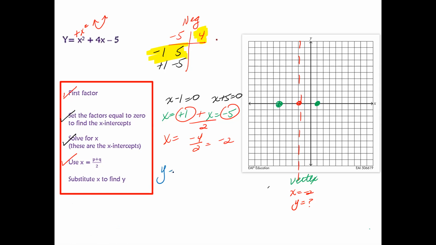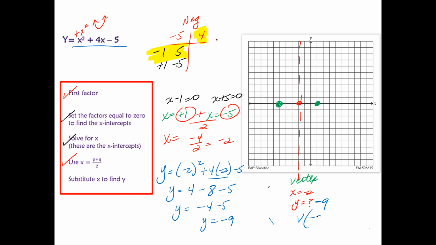So I have y equals x squared, that's a negative 2 squared, plus 4 times negative 2 minus 5. Negative 2 times negative 2 is a positive 4. 4 times negative 2 is a negative 8 minus 5. So this will be a negative 4 minus 5, which is a negative 9.